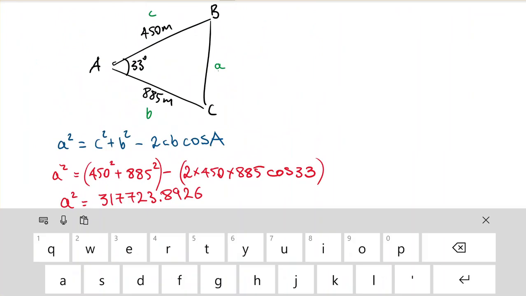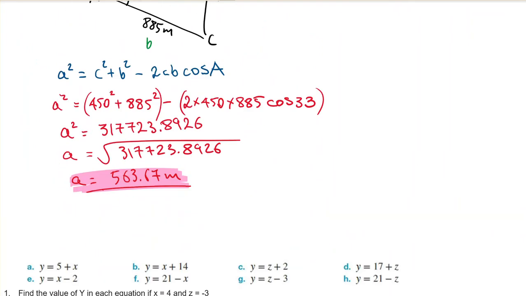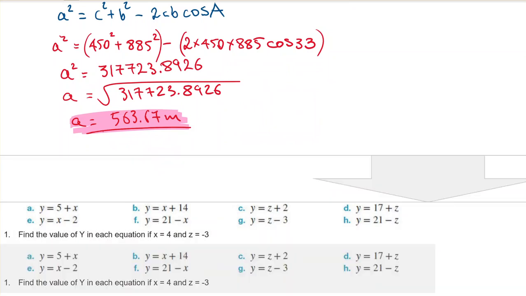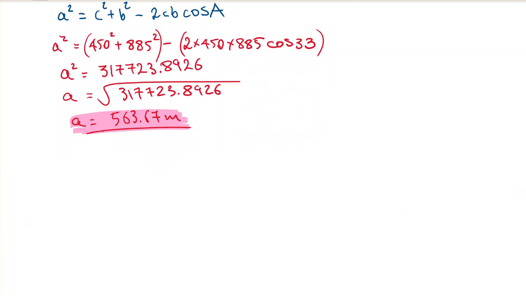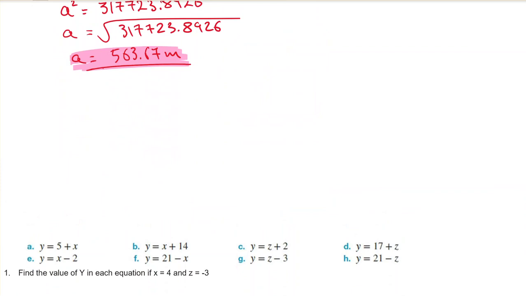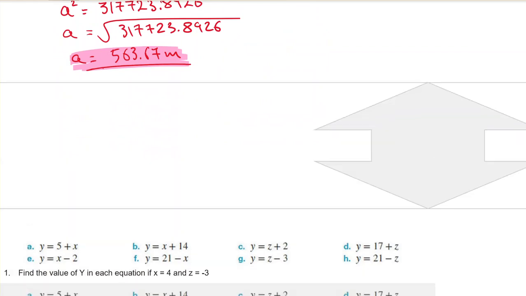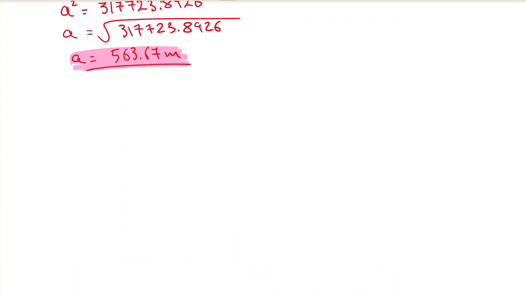I'll come over here and do it at the bottom. So area of triangle ABC to the nearest meter.